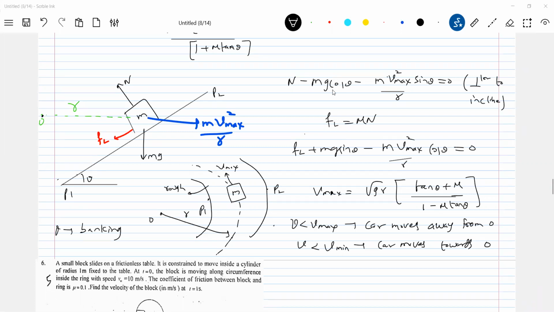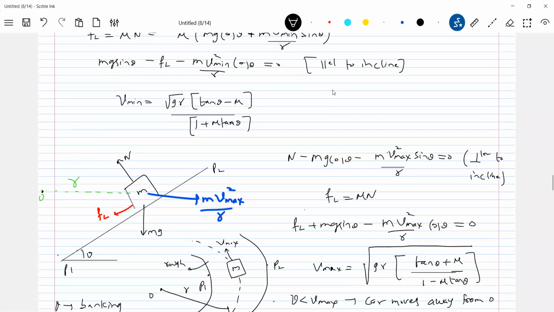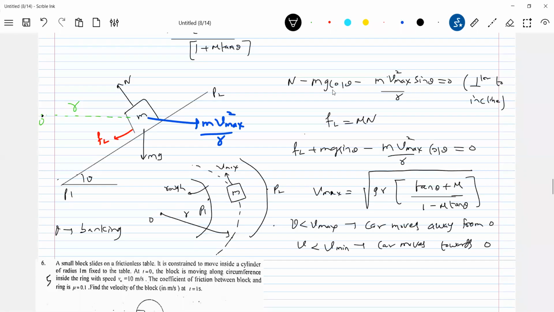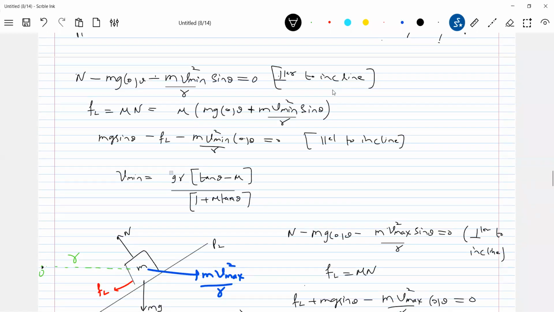Total everything will be under root. Sir, isn't it V greater than V max, sir? This is a root total.